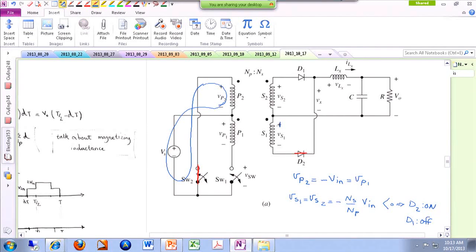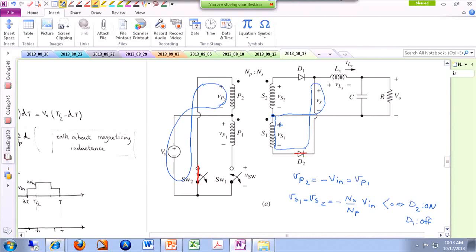it doesn't look like a loop, but it is a loop actually. Let's just start from here. Go through here. So VS1, we have shorted. Go through here, Vx, and come back. It's like a little weird looking loop.